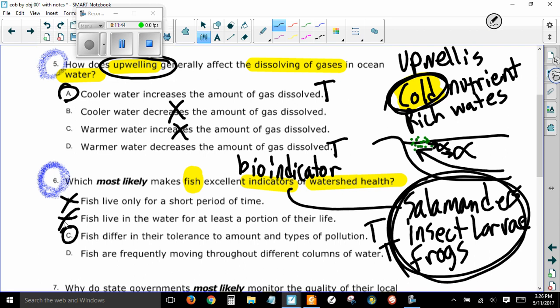If it starts getting polluted, they are going to be the first to suffer and the first to go extinct in that water system. And so they tell us that the water is becoming polluted by their absence, right? This upwelling, that is a big deal for the EOG. Bioindicators is a big deal for the EOG. So make sure you know those.